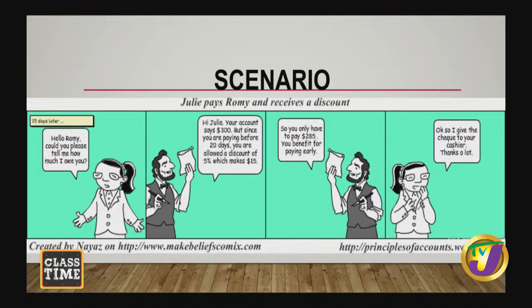Romy responds. "Hi, Julie. Your account says $300, but since you're paying before 20 days, you're allowed a discount of 5%, which makes $15. So you only have to pay $285."